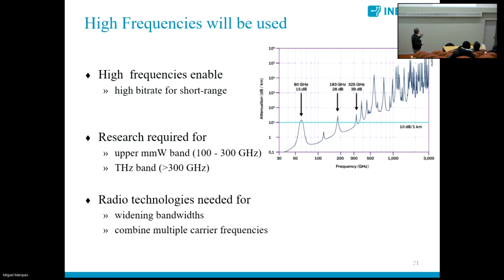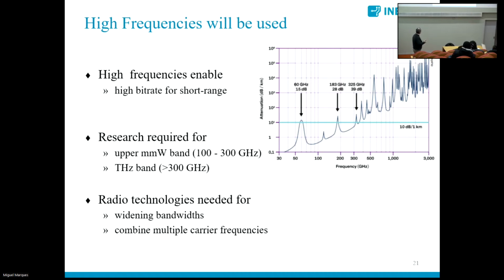So from the radio perspective, a lot of research is required to understand how to transmit information, and electronics, for instance, is required for that. In these bands, first the upper millimeter wave band, which goes from 100 to 300 gigahertz, which is below 10 dB per kilometer, and then how to communicate above 300 gigahertz, in which the attenuation is very, very high.